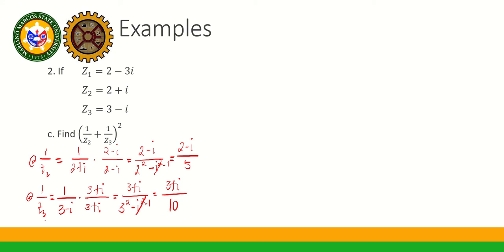So now let's add them together and then square it. So this is equal to 2 minus i over 5 plus 3 plus i over 10, quantity squared.